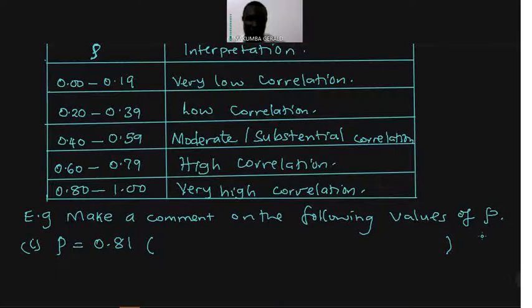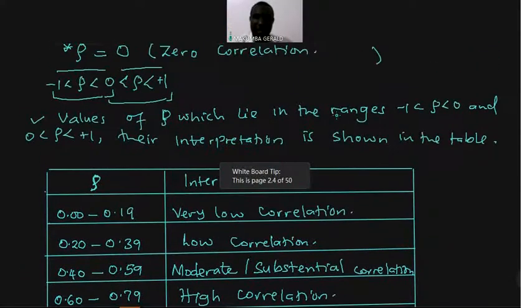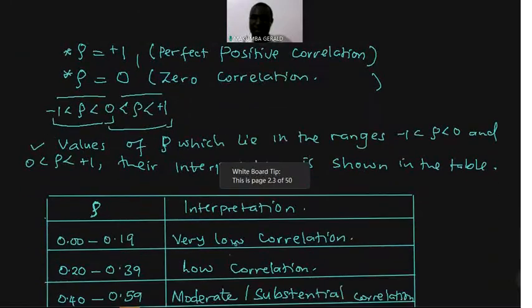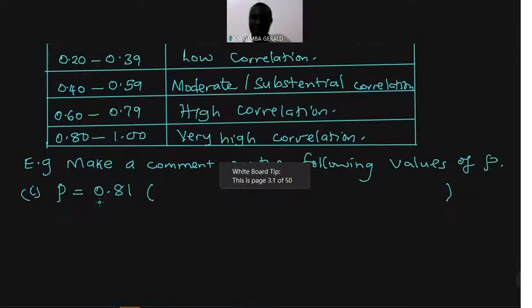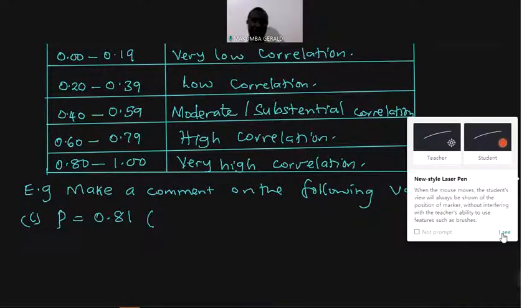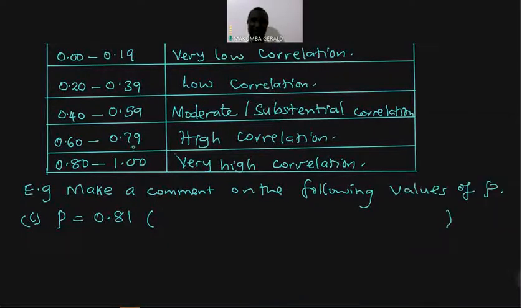The comments for the special cases were automatic, but for these other values which lie between 0 and 1, we have to use our table. 0.81 is a value that lies in this range here.